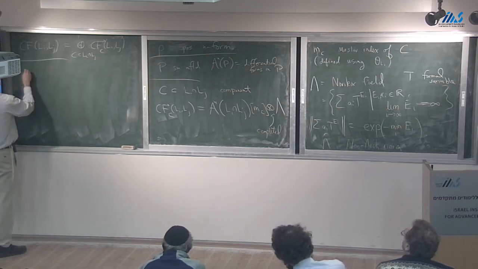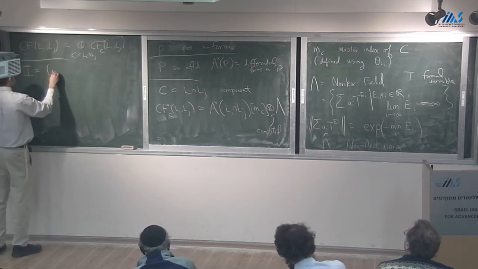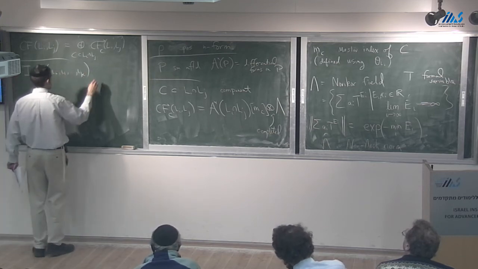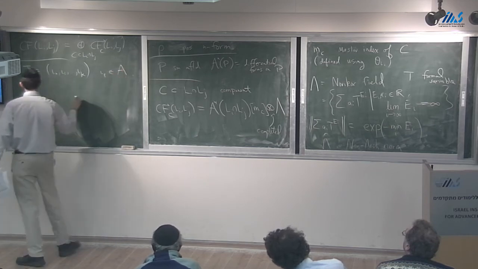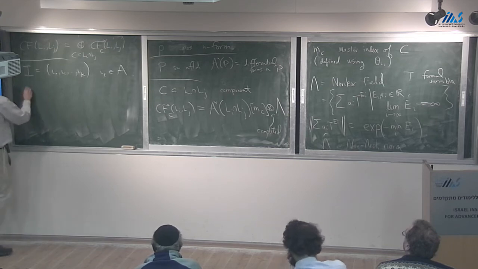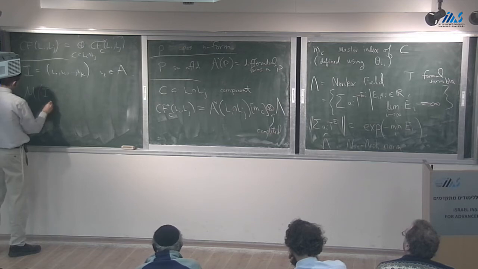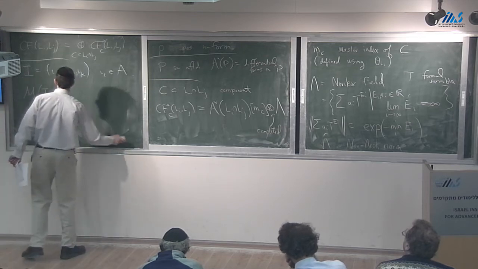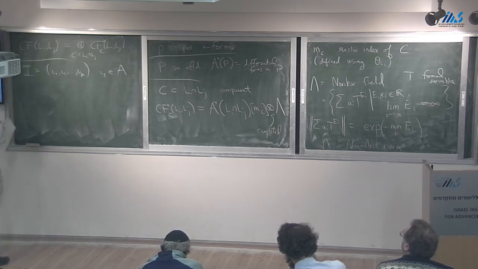Now, let's suppose that I fix some multi-index where the Ii, say, Pi belong to A. Okay, so now I want to talk about M, I, E. Let's suppose that, what was my notation again?